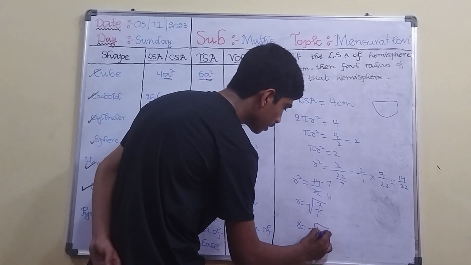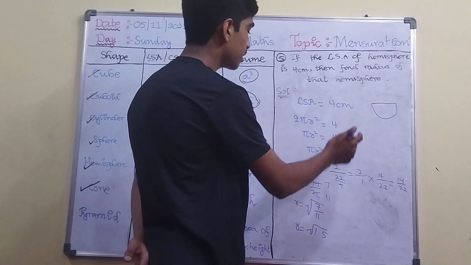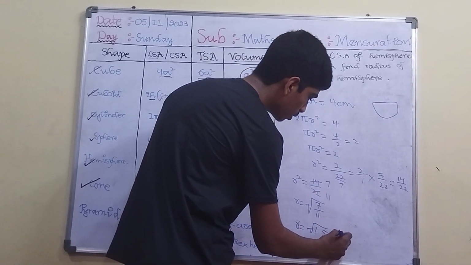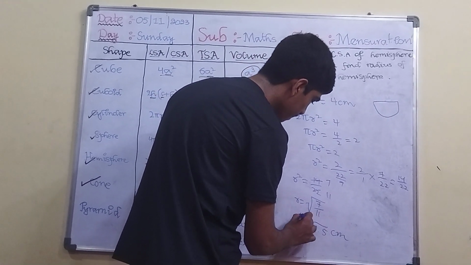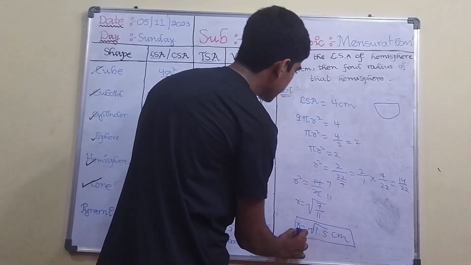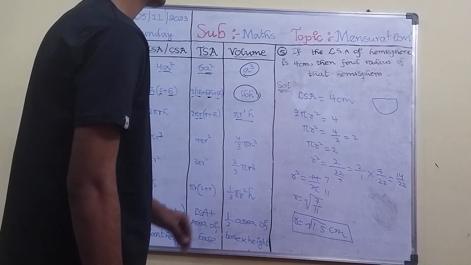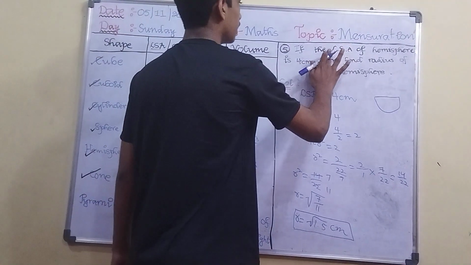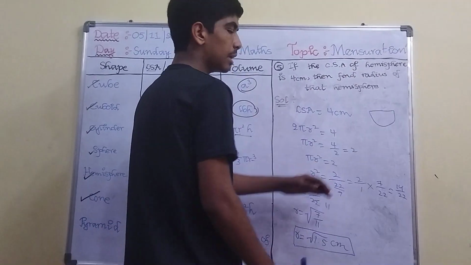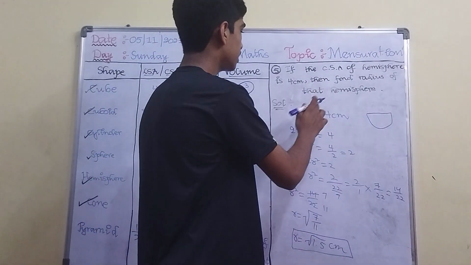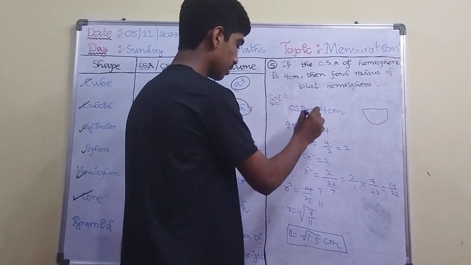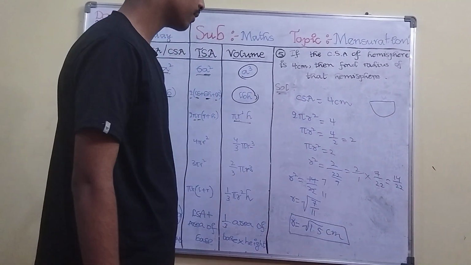Under root, what are the units given? Centimeter. R is equal to under root 0.63 centimeter is the lateral surface area of the cube. I think the question is wrong. Here we should take CSA, because a hemisphere is in a curved shape. So the CSA of the hemisphere is under root 0.63 centimeters.